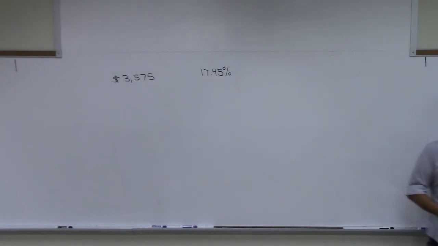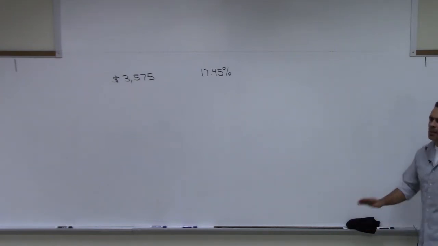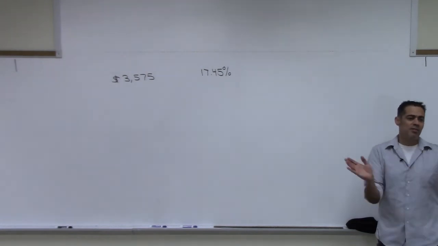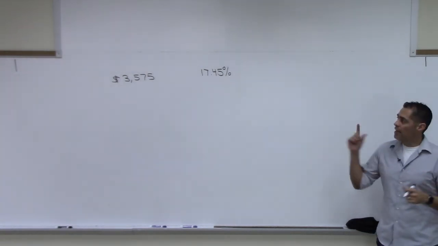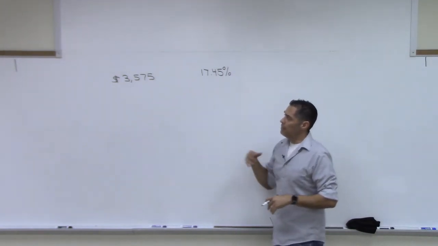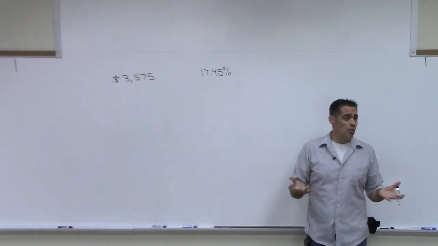The question is, how much would you owe after 5 years? All right, so this is assuming you don't make any payments, which means you would get late payment penalties and stuff, but just throwing that aside, if you charge that much on a card that has this high of an interest rate, after 5 years, how much would you owe?